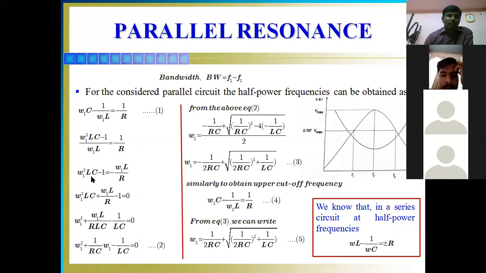So omega 1 squared LC minus 1 equals minus omega 1 L by R. From this, omega 1 squared LC plus omega 1 L by R minus 1 is equal to 0.